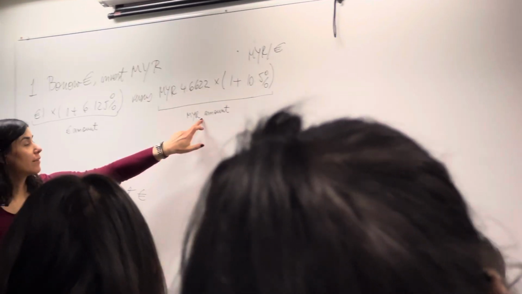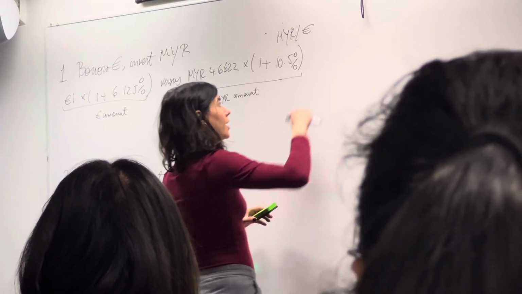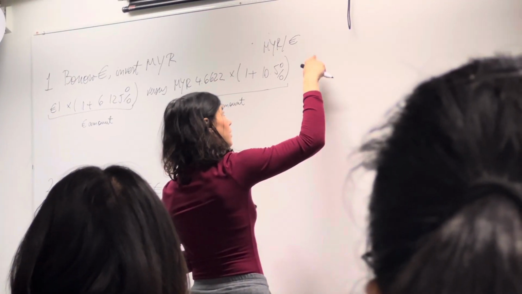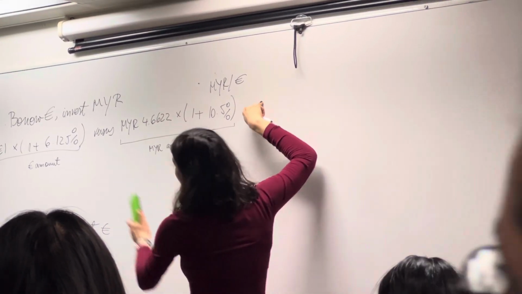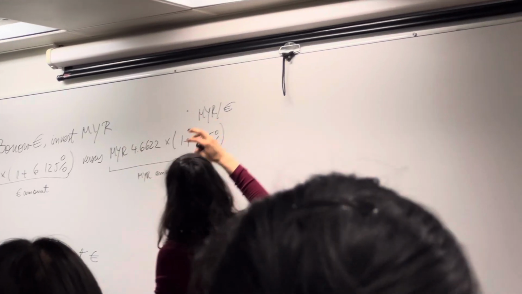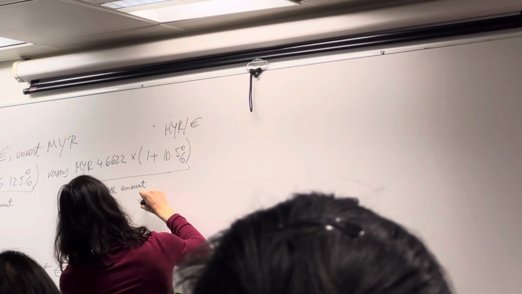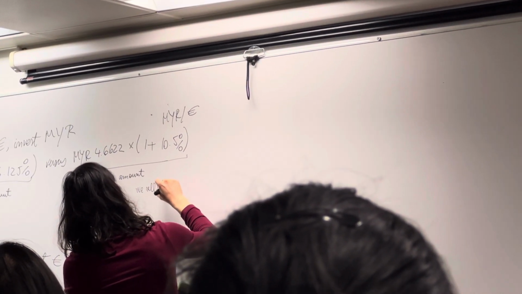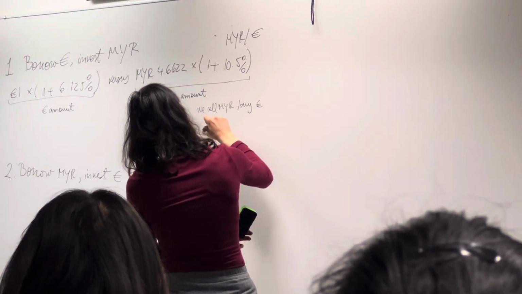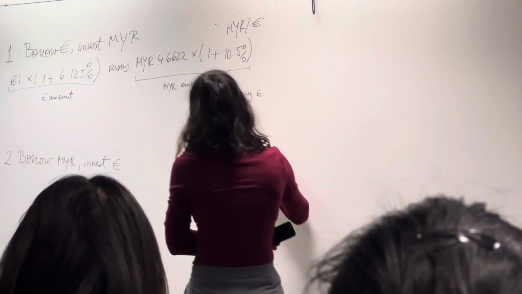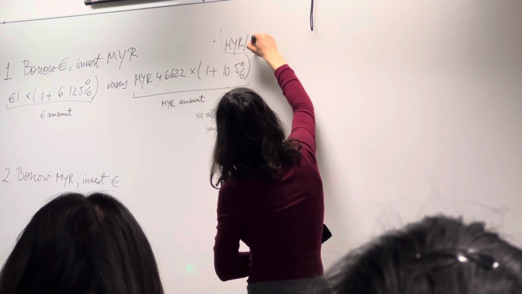So we need to convert this Malaysian ringgit amount at the forward rate in the future, at the end of that period, to compare to euros. So which rate do we use? The bid or the ask for this exchange rate?